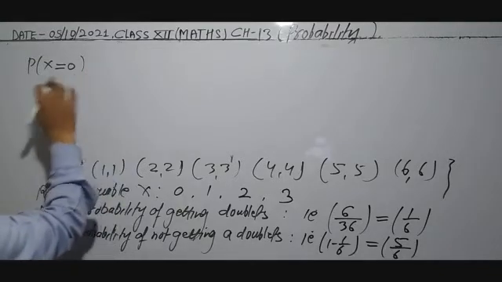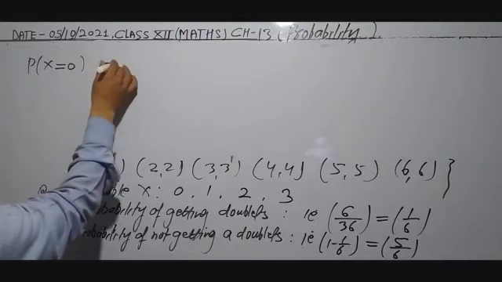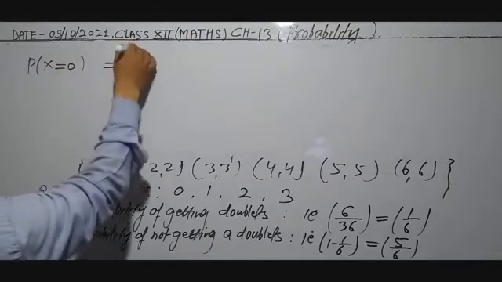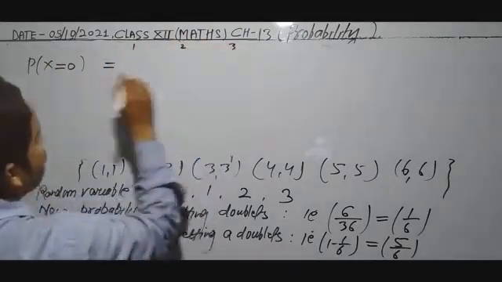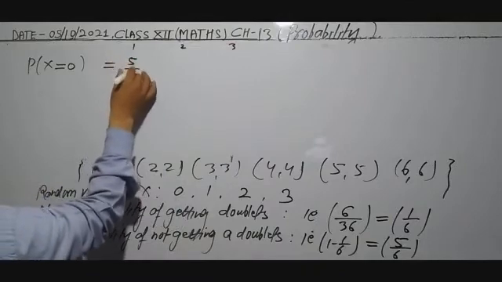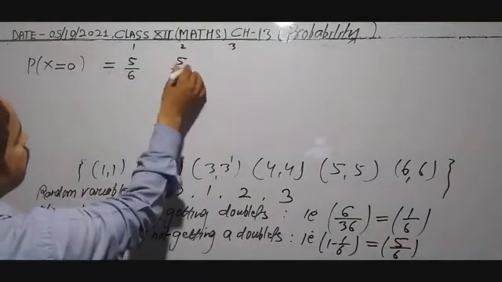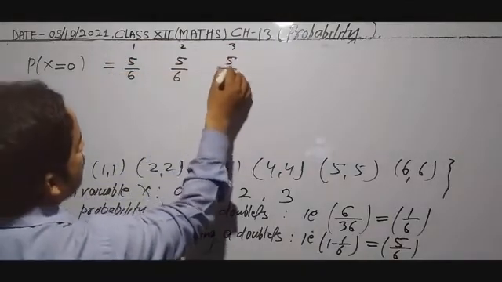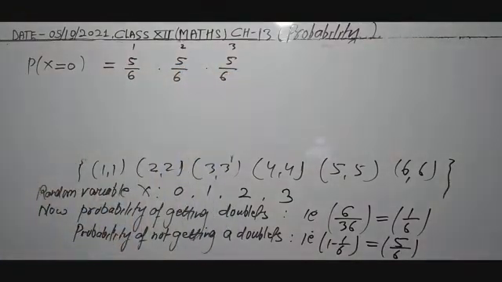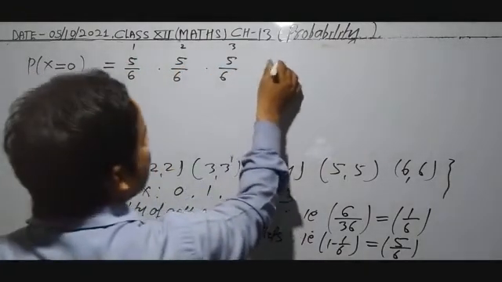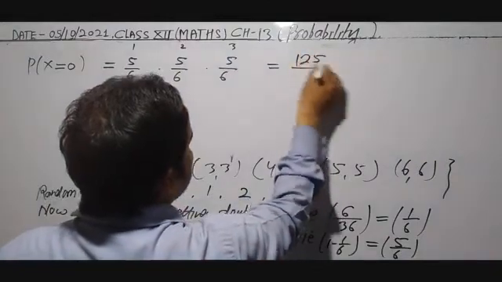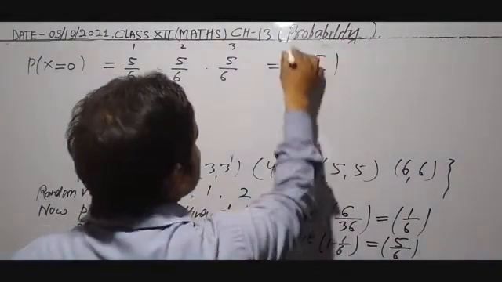Suppose first time, second time, third time: first time no doublet, second time no doublet, third time no doublet, and the result will be 125 upon 216.